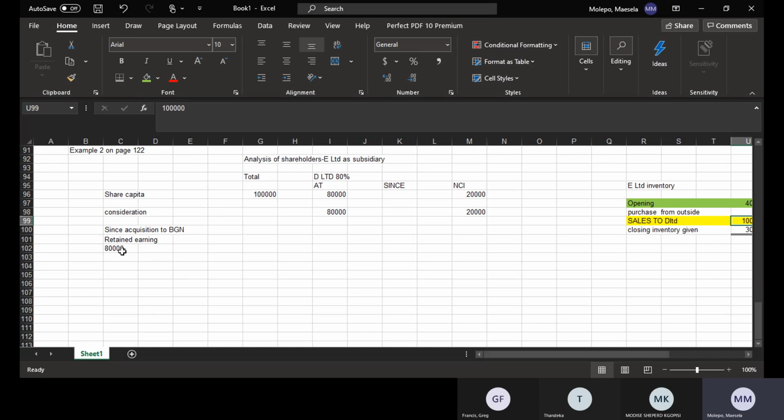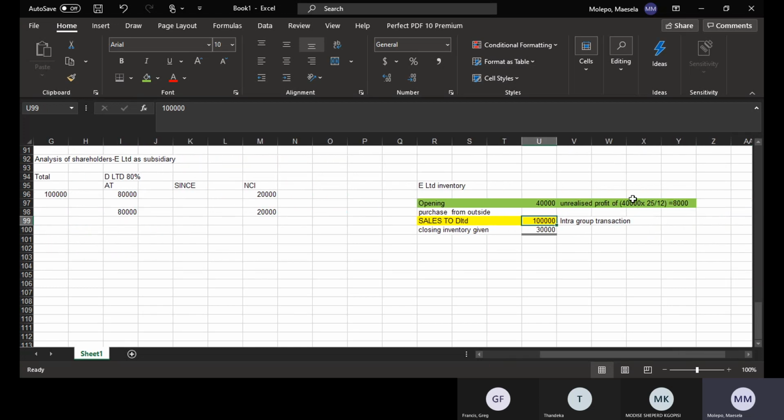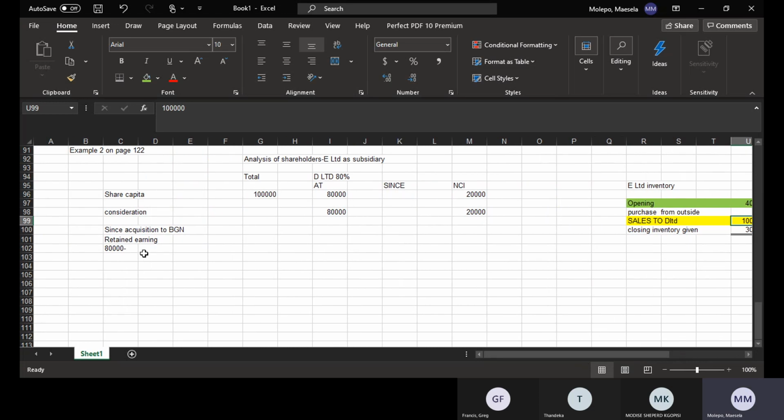So on the retained earnings, you less the 8,000, and we remain with 72.